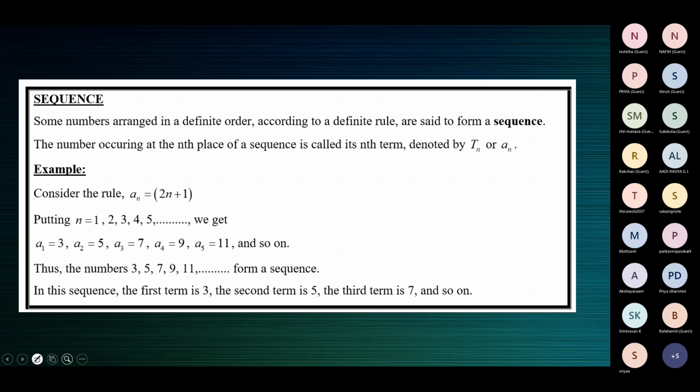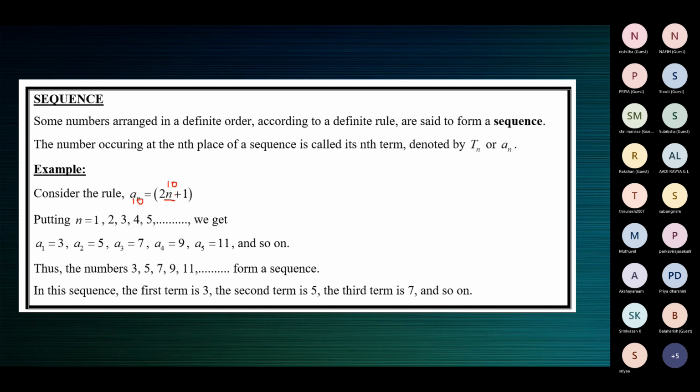Because here, if you take n as 10, that means you're finding A10, the value in the 10th place, the value in the 10th position of the sequence.